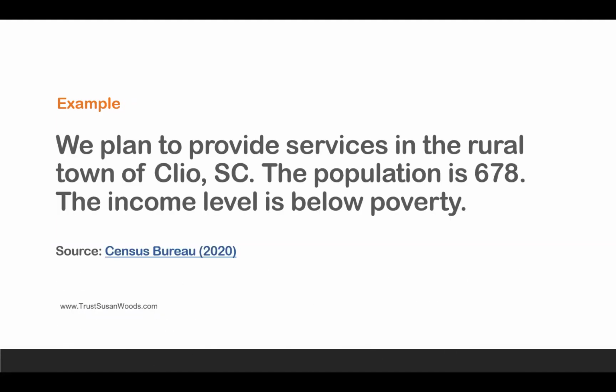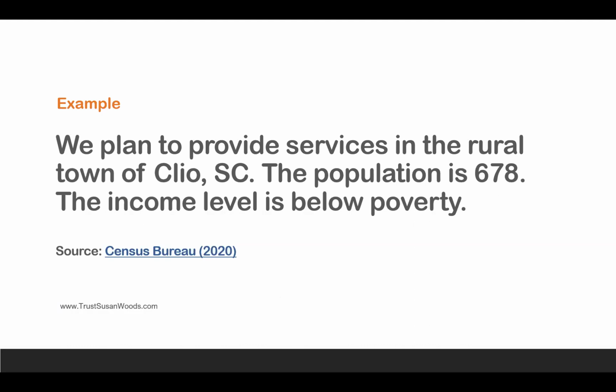Here's an example. We plan to provide services in the rural town of Clio, South Carolina. The population is 678. The income level is below poverty.